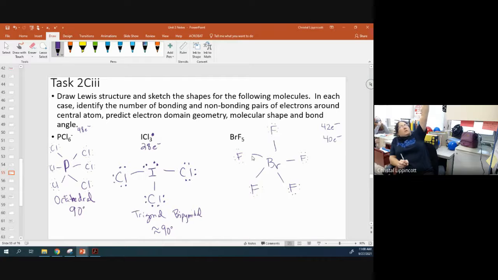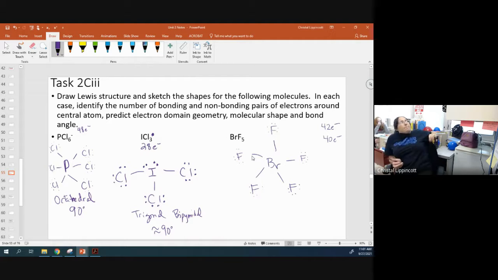You can't do it until you hit period 3, and then they can bump into the 3d level. Silicon to argon, but I don't think argon does. I don't know that it reacts with stuff. But I know krypton can and xenon can.